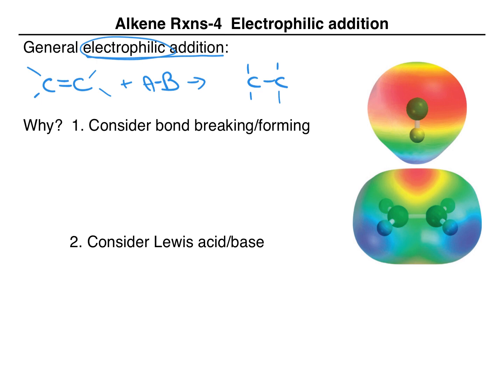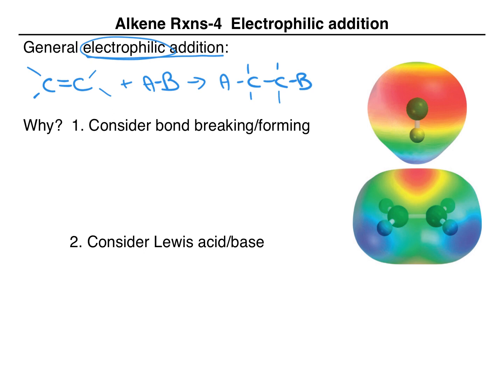So it'll still be connected to the same 4 groups originally, but it will also be connected to A and B. We can see that this is overall an addition reaction because AB is adding to the alkene, giving a new molecule. As we talk about some examples, we will see why it's called electrophilic addition.